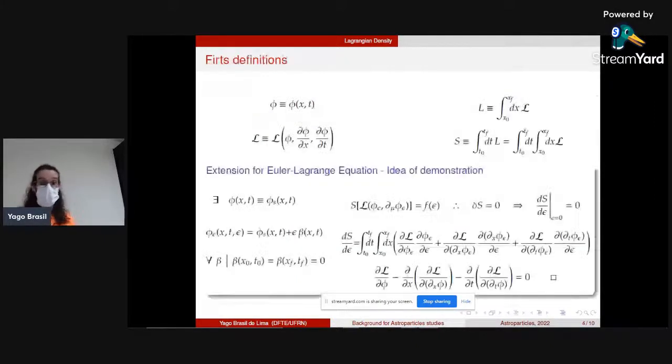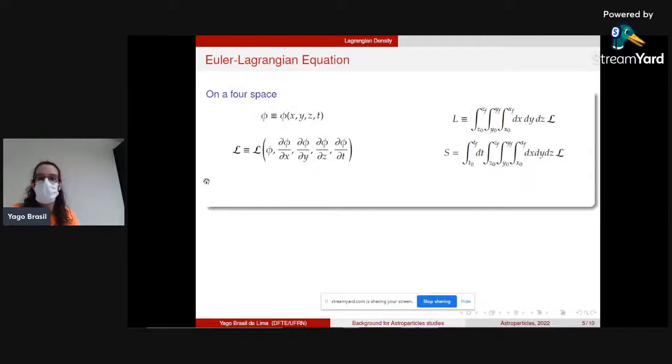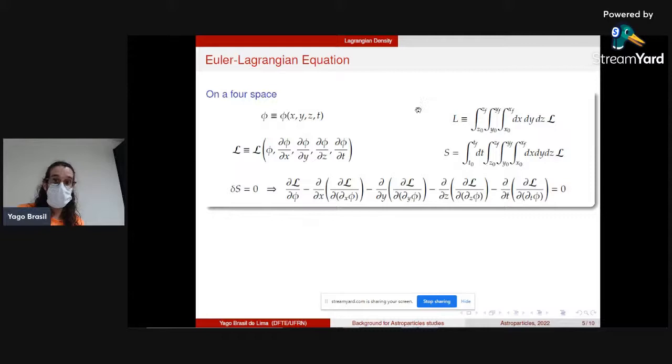But this case is only in one dimension. My field only depends on x and time. But when I extend this to 4-dimensional space-time, with 3 spatial coordinates, my Lagrangian density will be more complicated. My Lagrangian and my action will be complicated as well, and the Euler-Lagrange equation will become that monster.